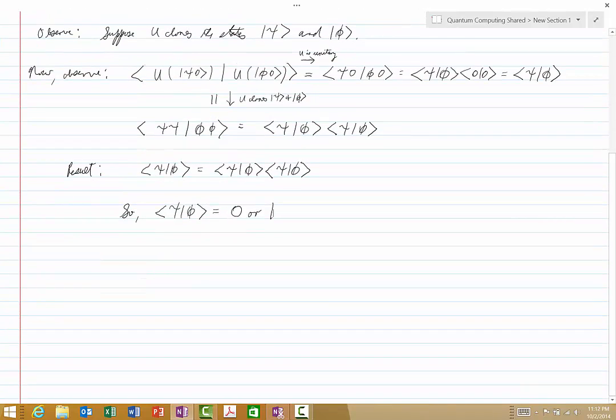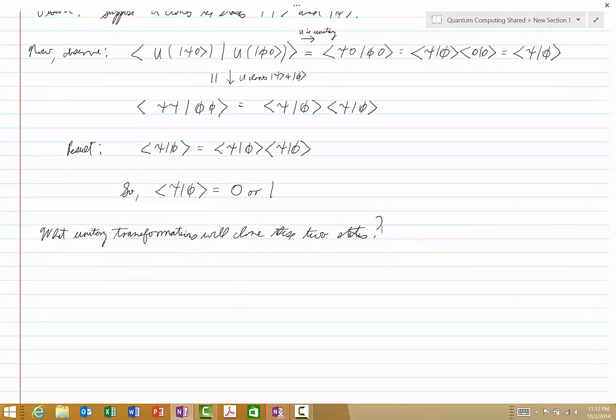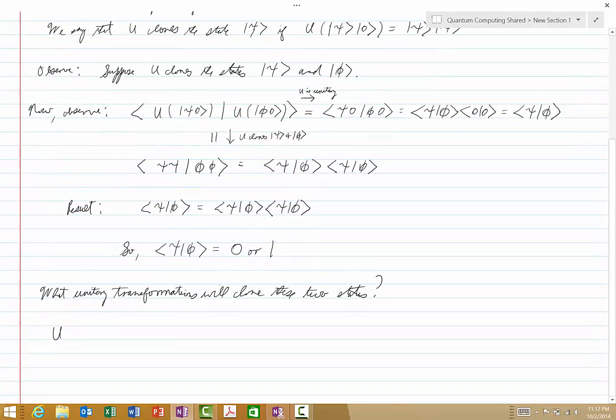Now, to find which unitary transformations will clone these two states, we really only know two pieces of information.